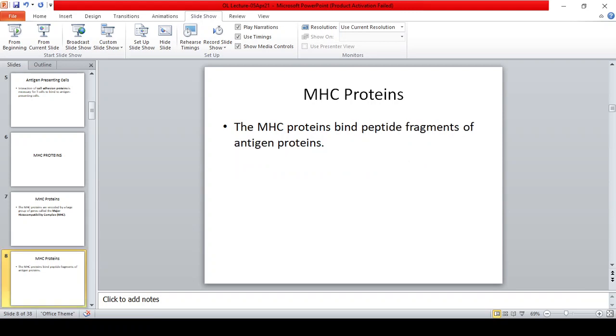After being expressed by these genes, they are placed on the surface of the antigen presenting cells. The function of the MHC proteins is to bind the peptide fragments of the antigen proteins, which have earlier been digested by the antigen presenting cell.